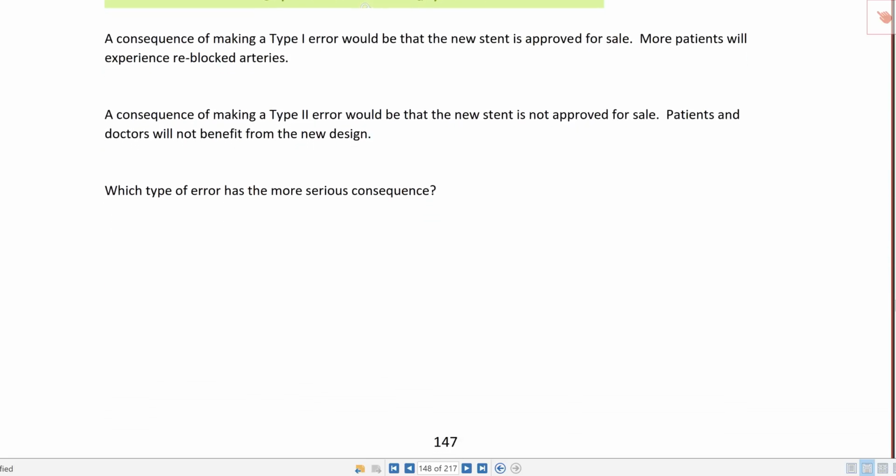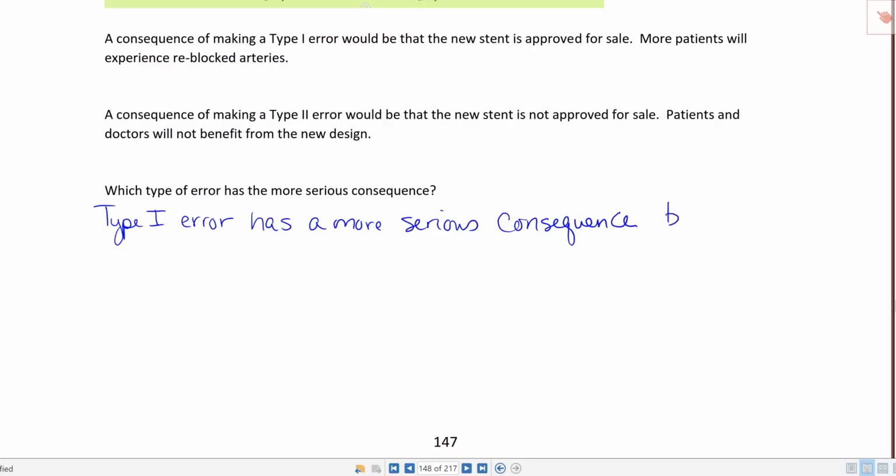We would say a type 1 error has a more serious consequence because it is a risk to patients' lives.